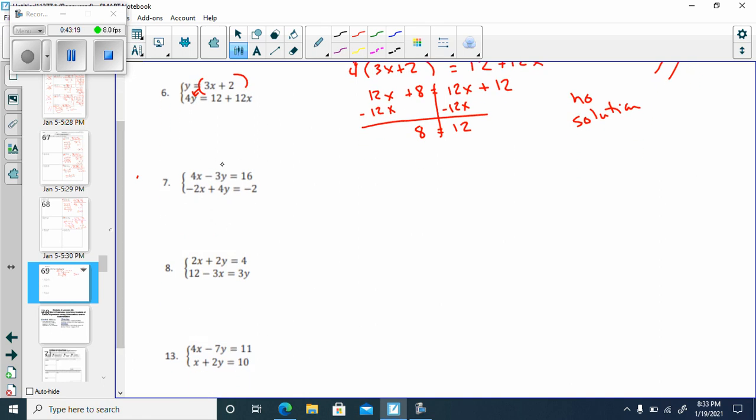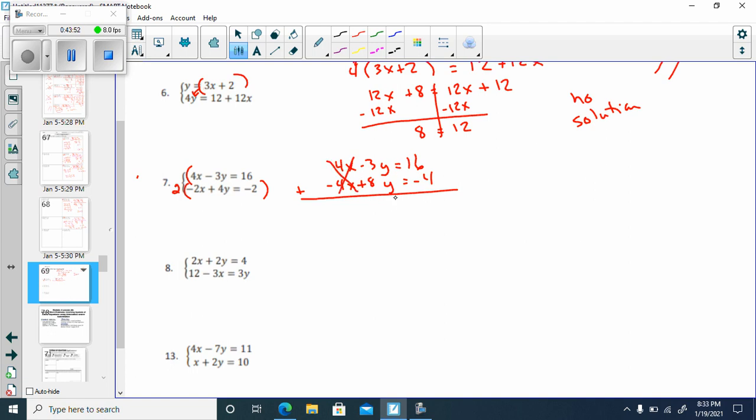Number 7. I'm trying to get rid of one of these variables. I can't do much with the 3 and the 4, but how about we take this right here and multiply that by a positive 2. That gives me 4x minus 3y equals 16. Now I've got negative 4x, see we're adding these, plus 8y equals negative 4. 4x plus negative 4x gives you 0.